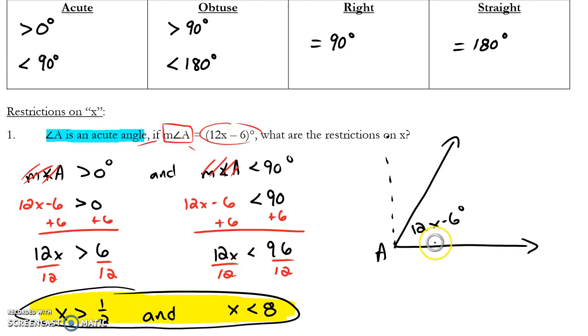Because if it's bigger than 1/2, then the angle is bigger than 0. If I substitute 8 in here, I get 90. That's why x has to be less than 8. Because if it's 8, it's 90. Less than 8, it would be less than 90. So somewhere in between 1/2 and 8, my ray would always be falling in between this, keeping it as an acute angle.